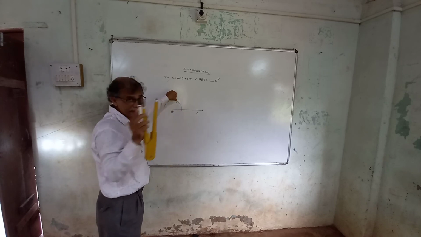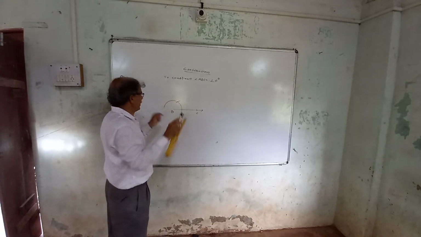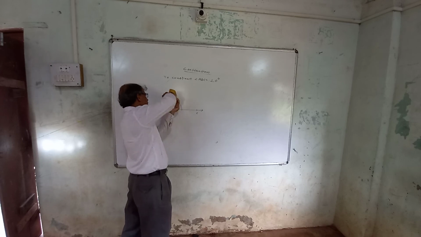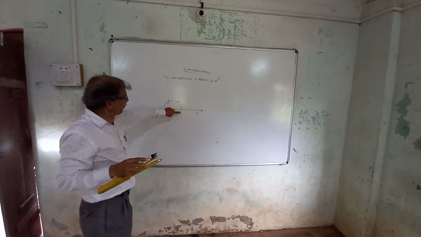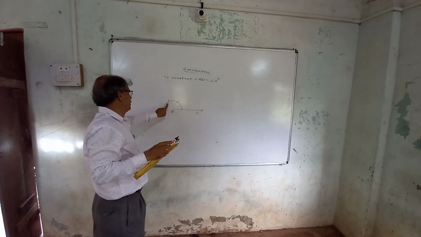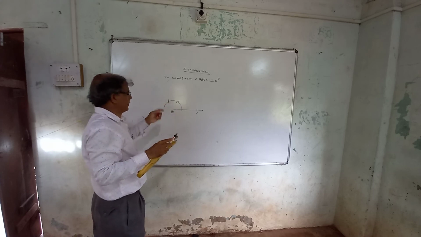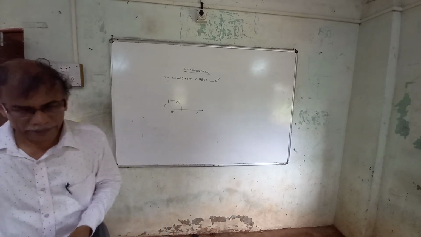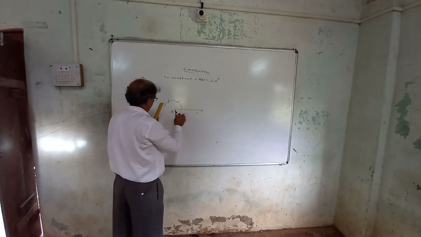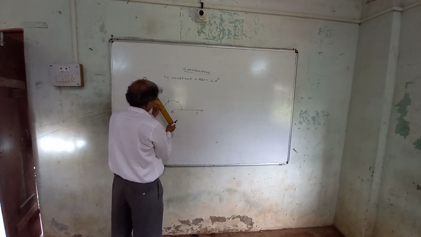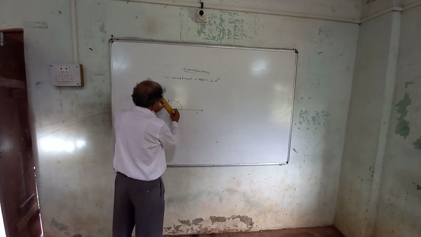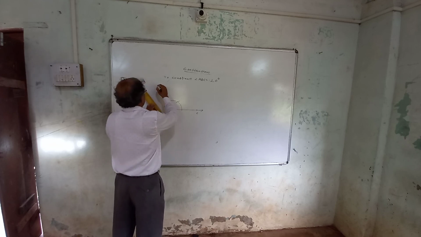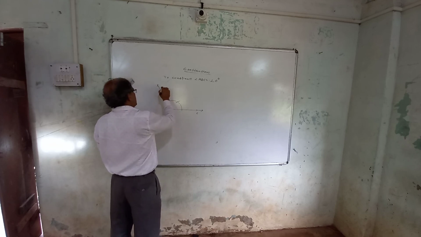Earlier you constructed 60 degrees, isn't it? Now keep the compass here, with the same distance you draw one more. Now from here to here 60, here to here again 60, with 60 plus 60, it is 120 degrees. Now you can draw a ray from B and draw the ray line.